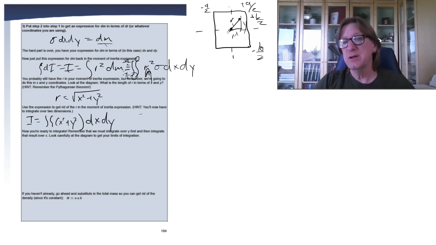And so now I'm ready to go. I'm ready to integrate this. So remember that the dx dy is multiplied by both these terms, both the x squared and the y squared. And that's where a lot of students mess up, so don't get caught by that. Let's write it out explicitly. Let me clear out some space up here.